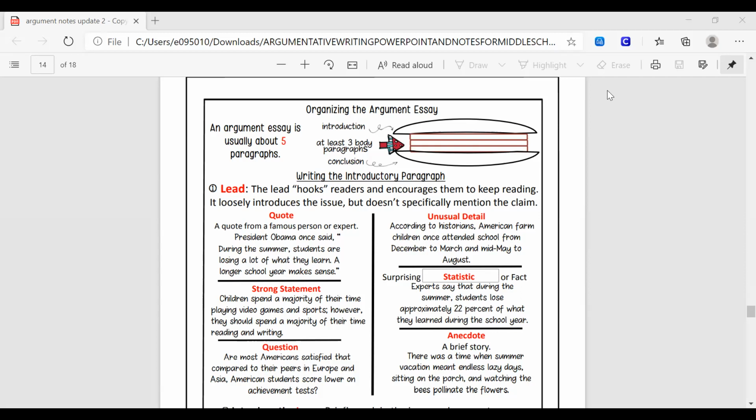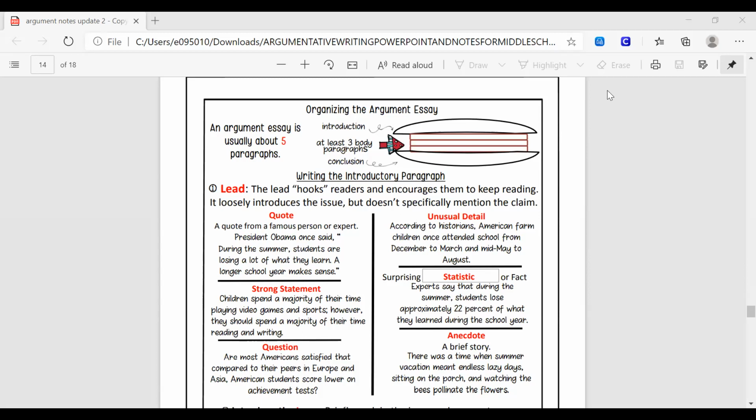Lead. The lead hooks readers and encourages them to keep on reading. It loosely introduces the issue, but doesn't specifically mention the claim. And we did this a little bit with our last piece of writing. We found something that got your reader wanting to read more.